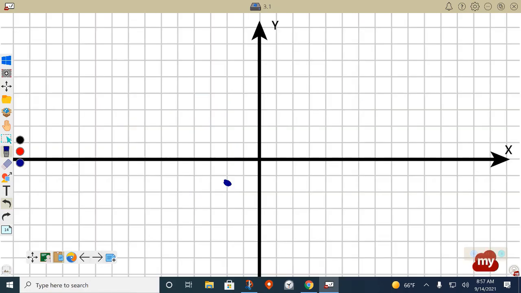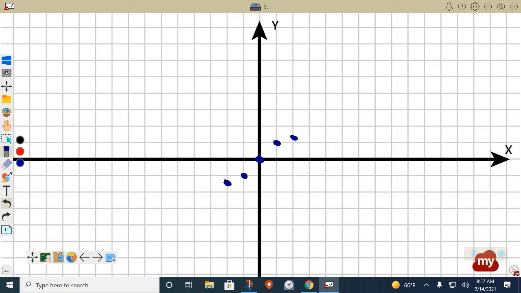Negative 1, negative 1. Huh, interesting. 0, 0. 1, 1. Kind of looks like a line, sorta. And then 2, 1.3. Okay, now it's not looking like a line. Something's going on here. Looking like a swerve, a swirl or something.